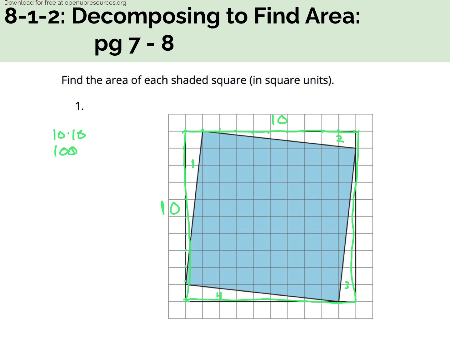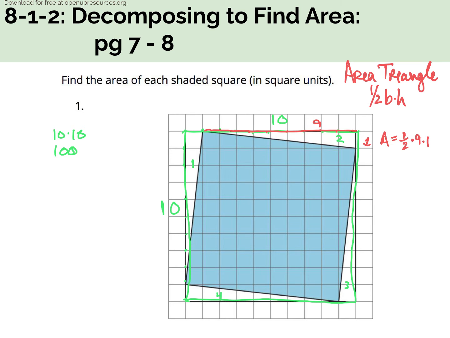And then let's look at the triangles. So remember that the area of a triangle is 1/2 the base times height. And so if we look at our triangle, this is our base. So 1, 2, 3, 4, 5, 6, 7, 8, 9. Height is 1. So the area of the triangle is 1/2 times 9 times 1.